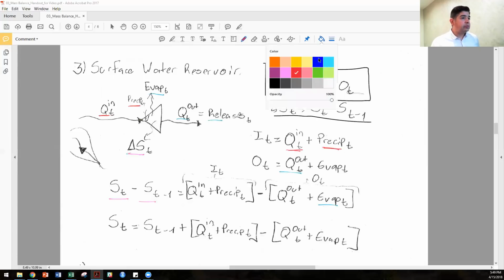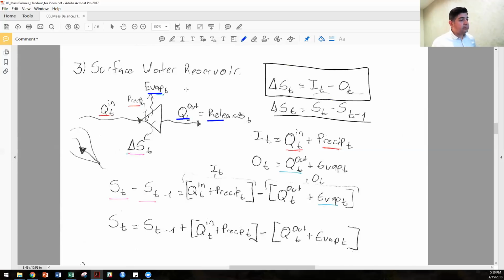The outflows of a reservoir are actually the water that is released. We call it releases, and so on. And this change of storage is, as we were saying, a balance between the end of the storage and the initial storage.